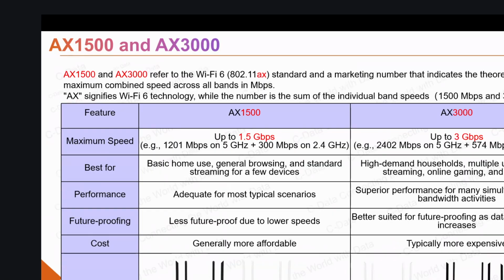Because the bandwidth of the 2.4 gigahertz and 5 gigahertz are added all together, we supply 1.5 gigabits. And this one, AX3000, all together they provide 3 gigabits. So this is where the name comes from.